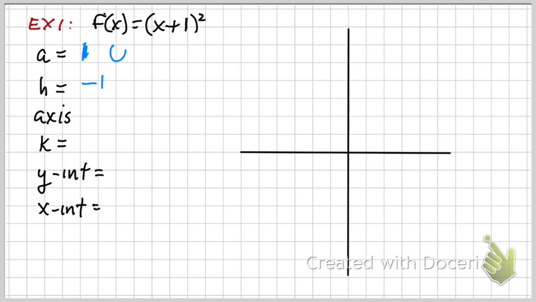So now what do I know? I know that's my axis. That's my axis of symmetry. So that red line represents the axis of symmetry. I know the vertex is on that line someplace.